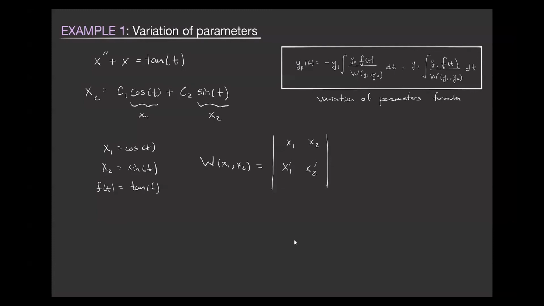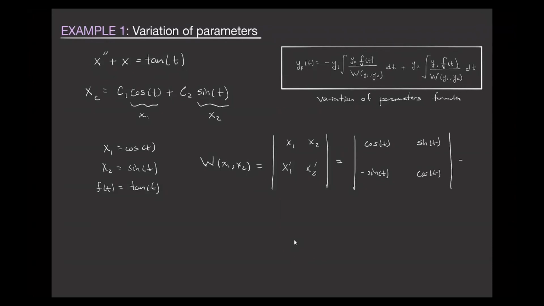This absolute value bar, or set of bars here, tells us that we're taking the determinant. This will be the determinant of cosine t, negative sine t, and then sine t and cosine t.